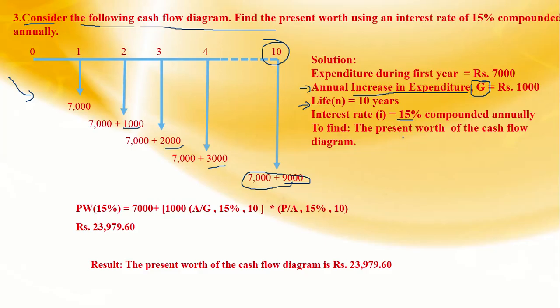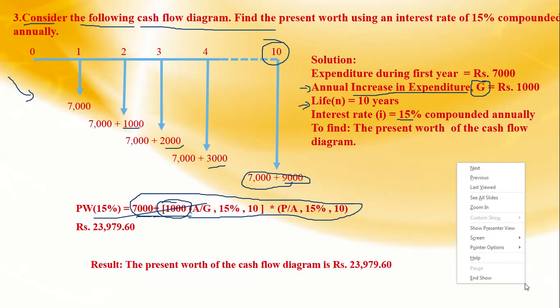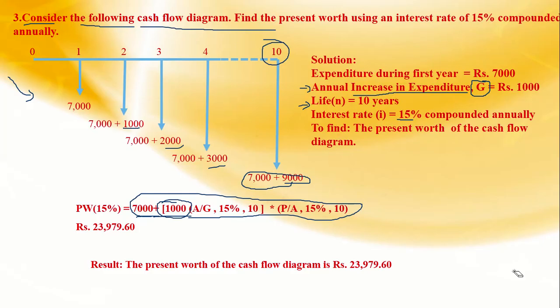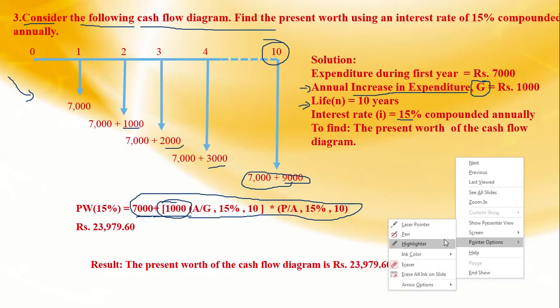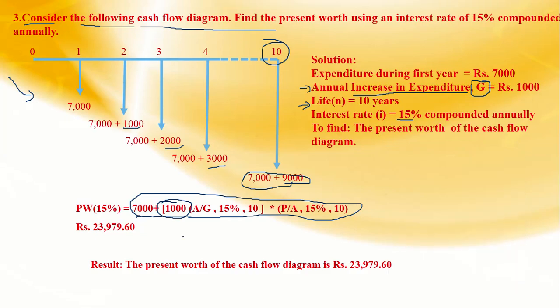The formula is: present worth of 15% equal to 7,000, for the first year 7,000, so give it as common. We are going to add 1,000 because 1,000 is added per year. So 1,000 into A bar G, the annual gradient, A bar G, 15%, 10, into P bar A, 15%, 10, which is the present worth factor.